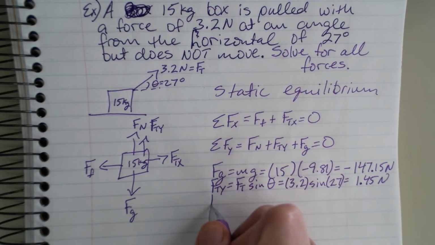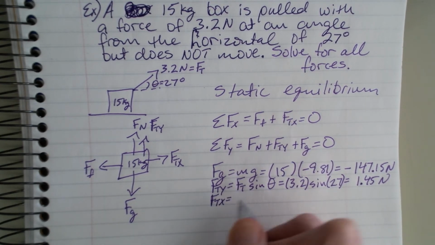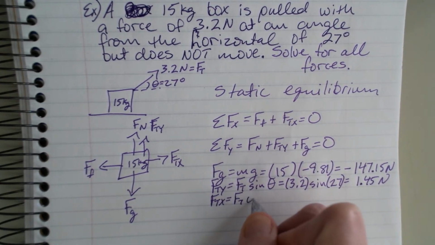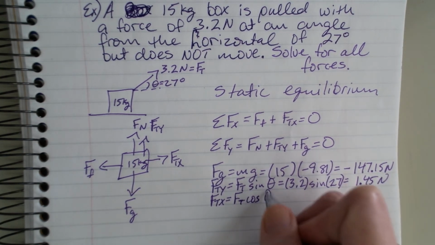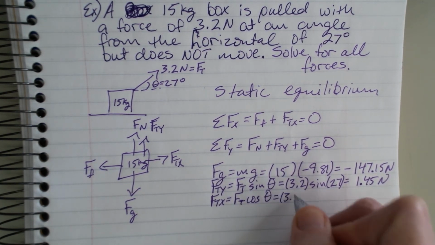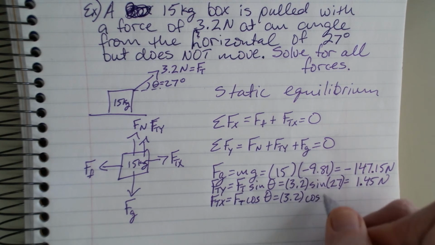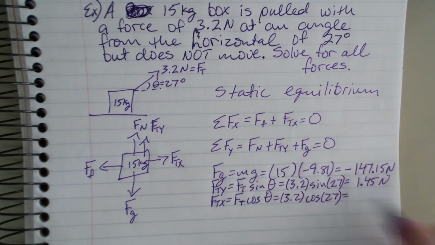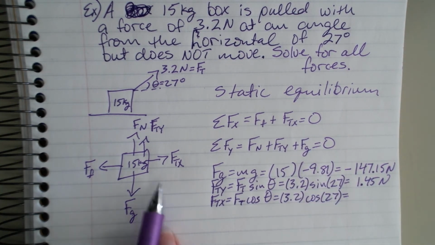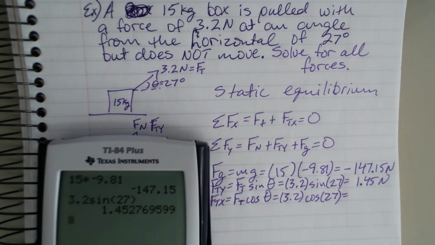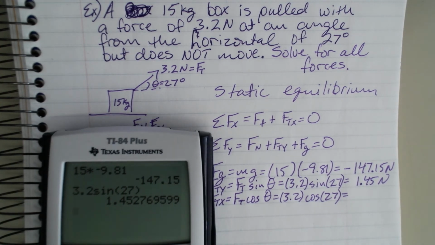And then I can do my Ftx, because my Ftx is Ft cosine theta. So that's 3.2 cosine 27. And that's drawn to the right, so what sign should it have? Positive. Good. Okay, so put that in the calculator.